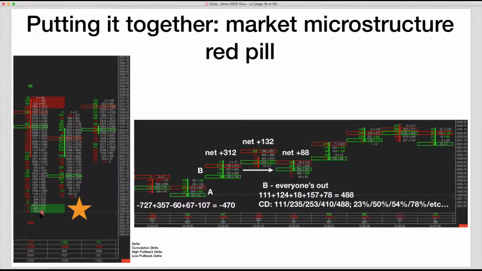So in this area of selling, 470 more contracts were sold than bought as we were running out of sellers. That tells me how much volume is offside, and that's my starting point of something to be interested in. I've got a pattern which I like in traded volume, and I've qualified how much volume is offside.